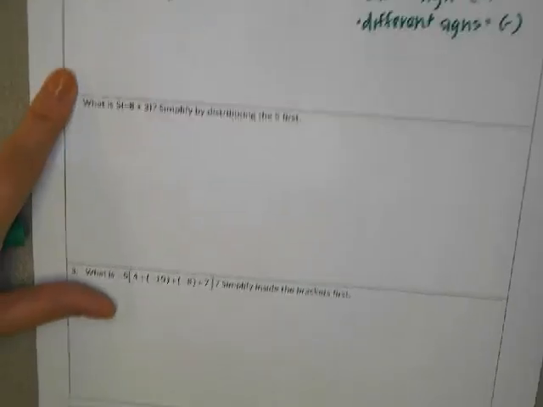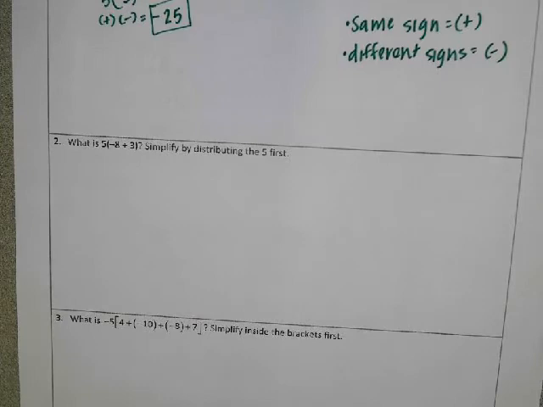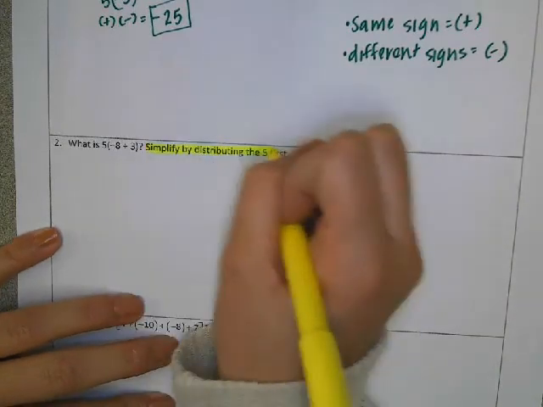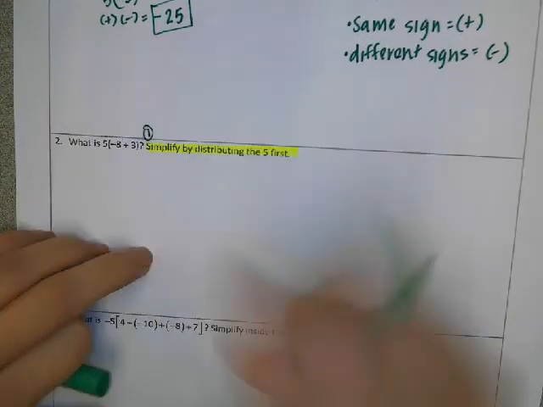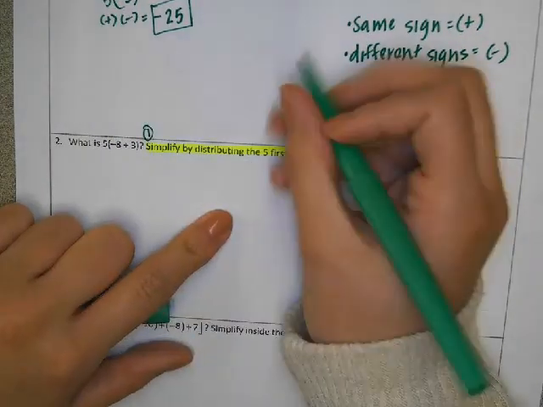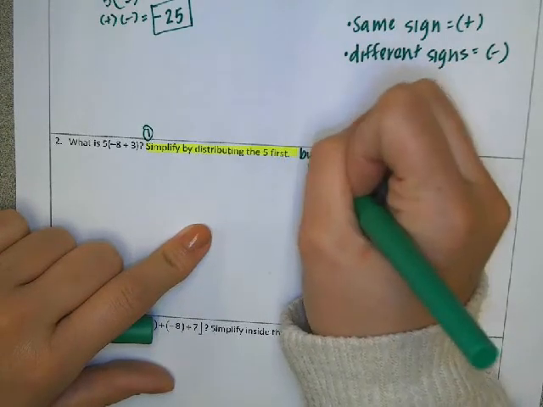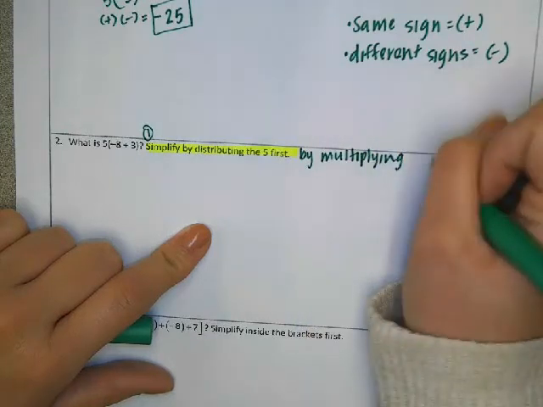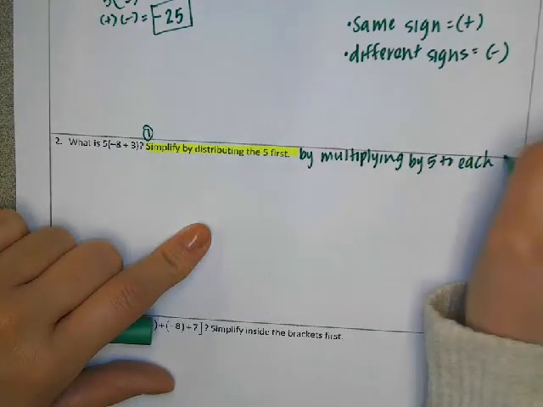The next one says, what is 5 times negative 8 plus 3 simplified by distributing the 5 first? And that is going to be my first step, so I'm going to highlight it again. That's step 1. Step 1, simplify by distributing the 5 first by multiplying by 5 to each term.